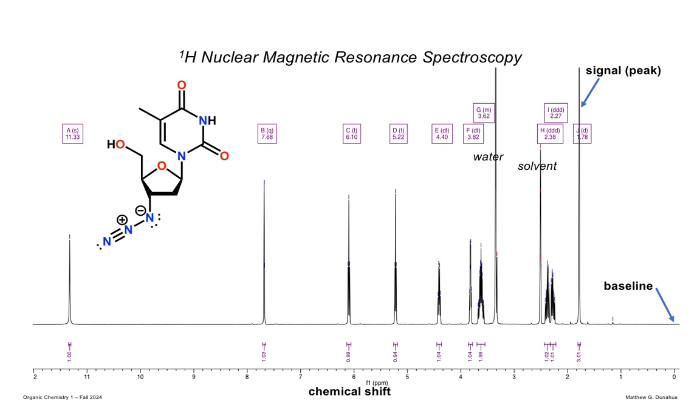It's telling you different information. The chemical shift, the x-axis, now runs from 0 to about 12. We still have a baseline, we still have signals, there's solvent, and there's a water signal.